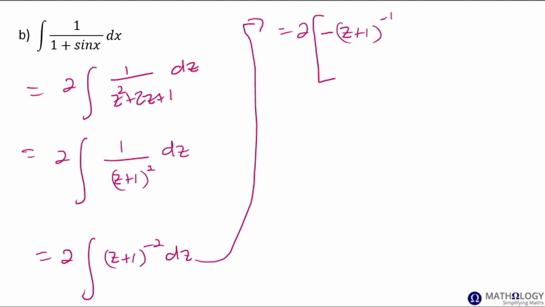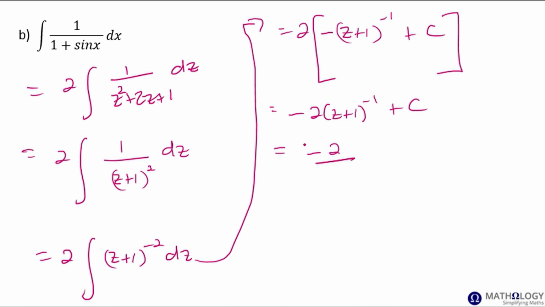And this is an indefinite integral, so we have to add the integration constant. So it'll be -2(z + 1)^(-1) + c, and that equals -2 over (z + 1) + c.